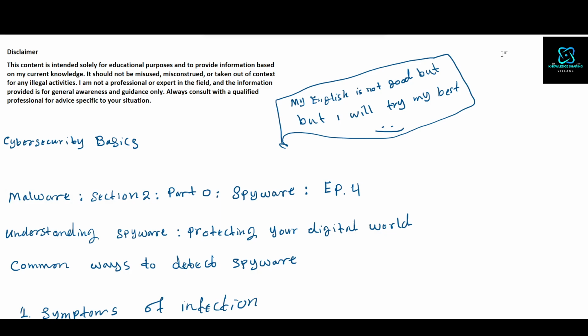We are continuing our journey into cybersecurity basics, and the topic in this part is malware. I had divided the malware into two sections. Now we are in the second section, part 0, which is specifically about spyware.